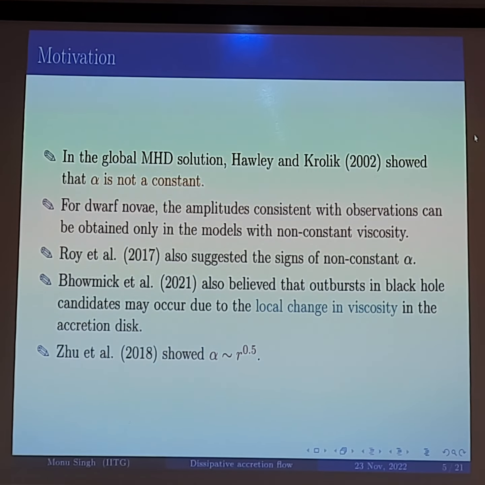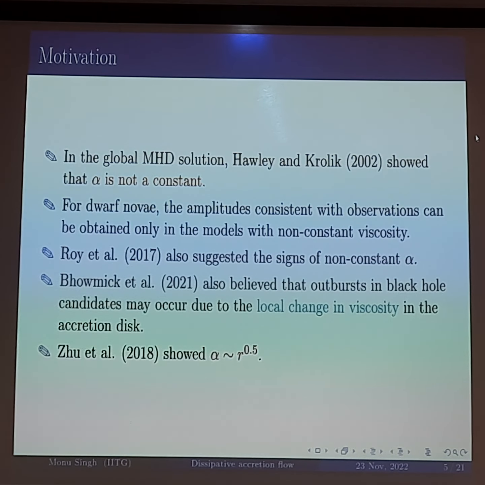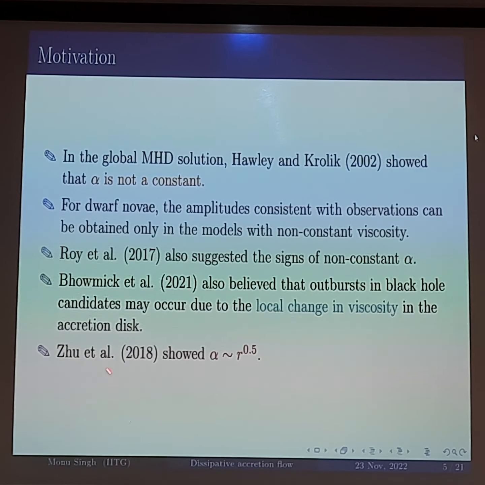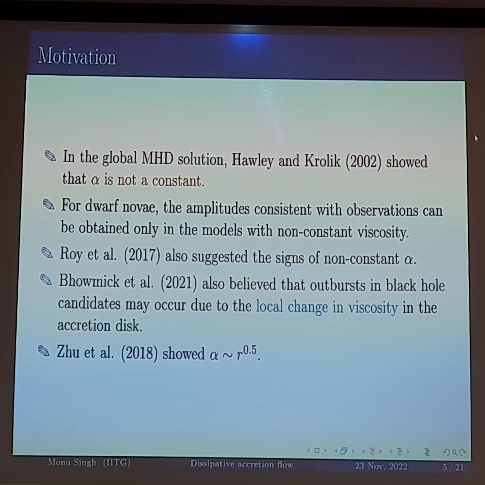Later on, it was also shown by other researchers, like Bhomik et al. recently, that the outbursts in some black hole sources may be triggered by a local change in the viscosity. Another study which came up early, Zhu et al., in their GRMHD simulation, which is general relativistic magnetohydrodynamics, also showed that alpha might vary as r to the power 0.5.